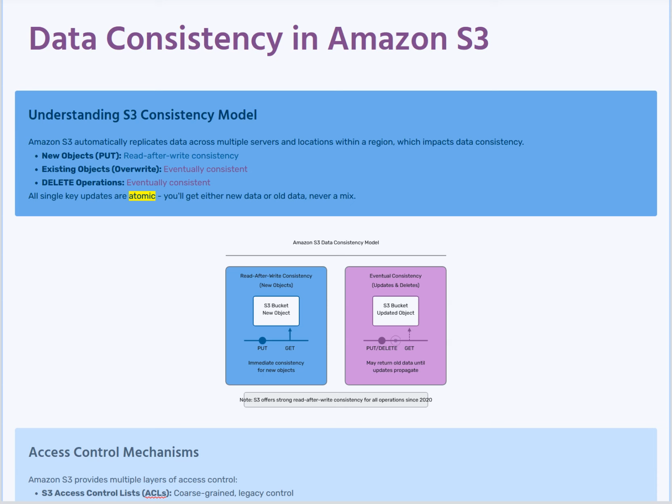We need to understand the S3 consistency model, because when I discussed regions and availability zones, we discussed these services. When you upload an object into an S3 bucket, it replicates its data across multiple servers and locations within the region, which impacts data consistency.